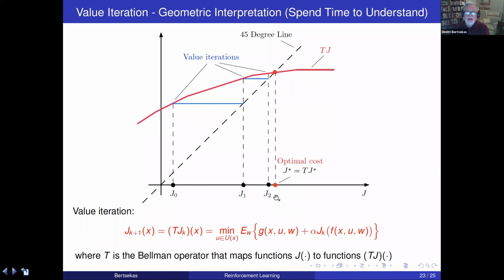And this red circle here corresponds to the optimal cost. So that's the point we want to find.